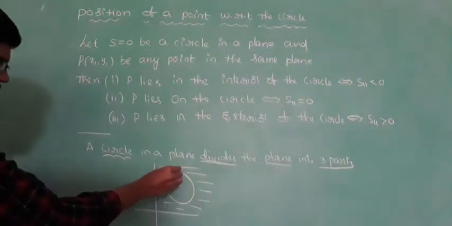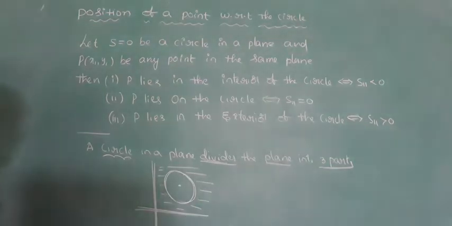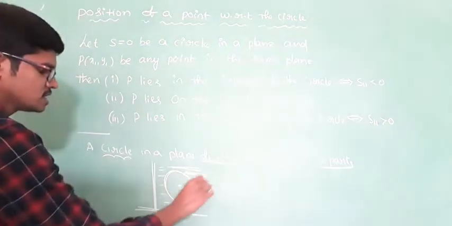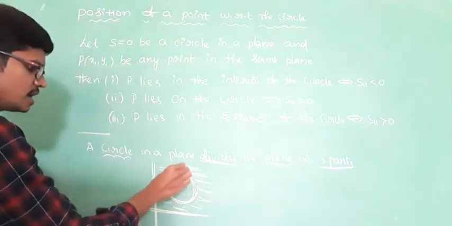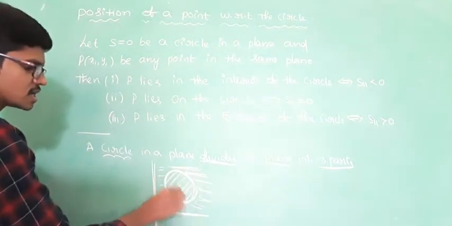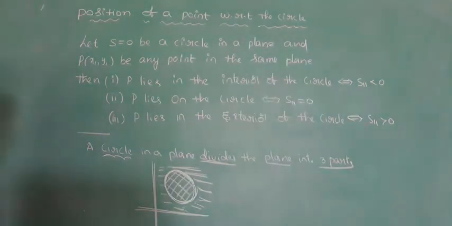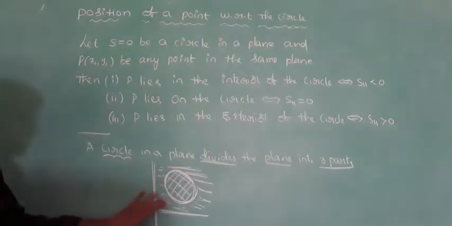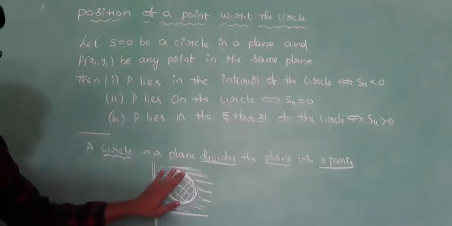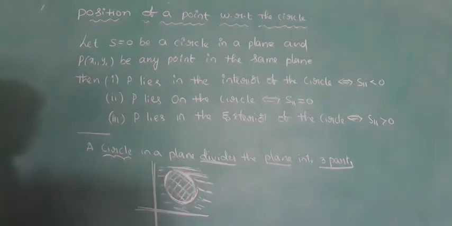This is the circle and this is the plane; the circle divides the plane into three parts: the exterior of the circle, the circumference of the circle and the interior of the circle. Any circle divides the plane into three parts.